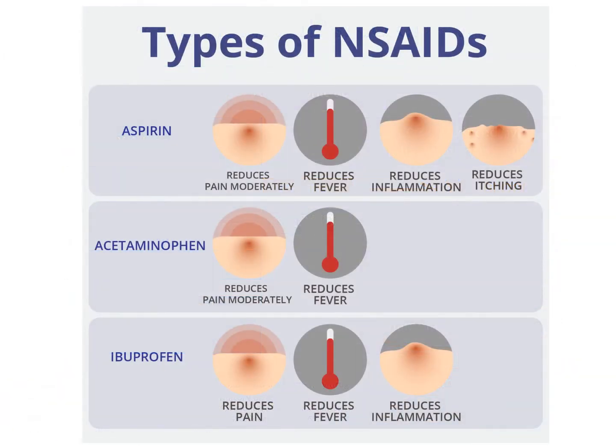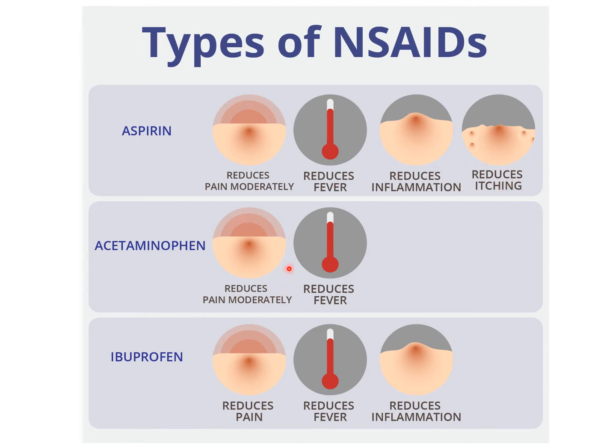Yet another really great figure showing these major NSAIDs, aspirin, acetaminophen, and then ibuprofen, that show the basic responses regarding analgesia and inflammation. And what we see is that aspirin, while maybe not as potent as, say, something like ibuprofen, does reduce inflammation, does reduce itching, so it may have some things that are affecting the histamine side of the equation.